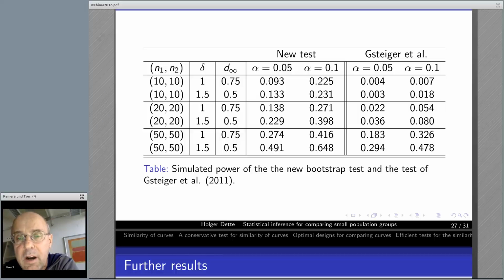Okay, and in the middle columns you see that our test has power, and yeah, power is not close to 1, but if you have small samples, you cannot expect this. You have to live with some kind of small power. Okay.